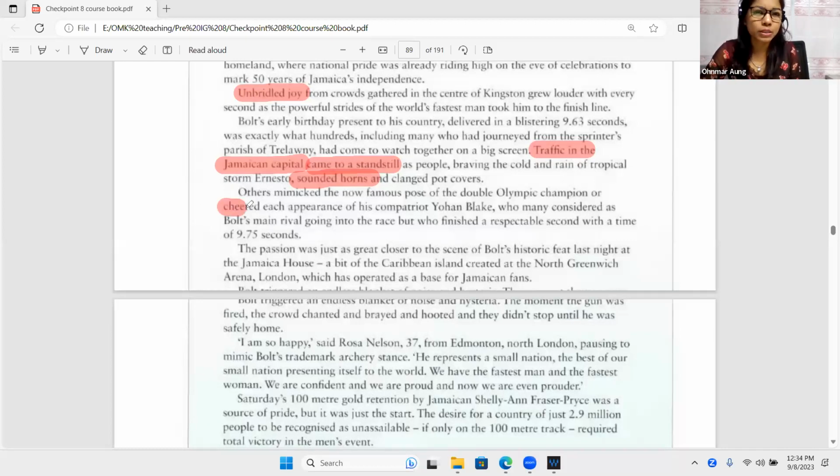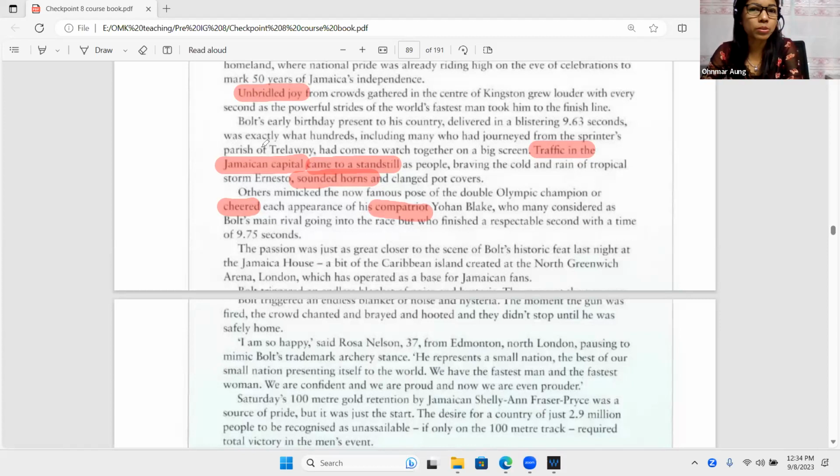Yeah, people cheered. Also, his compatriot. How do you understand "compatriot"? Another one is Yohan Blake. Another follower, right? Another person who comes from that country.